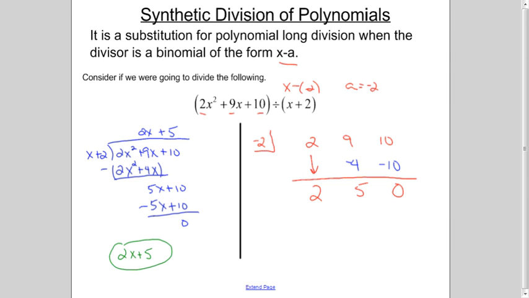Now, this last digit in this bottom row represents the remainder. So we see the remainder is 0, and that makes sense because when I did the polynomial long division, I didn't get a remainder. Now you can probably see what I'm going to do with the 2 and the 5.